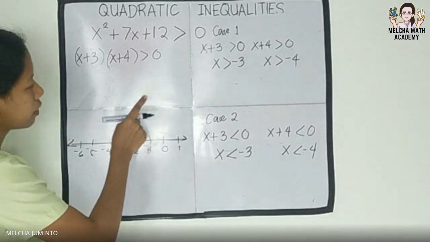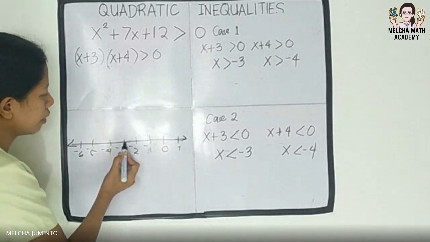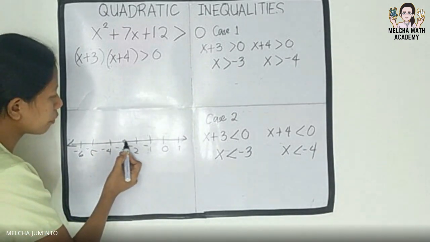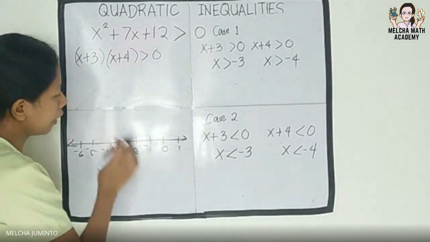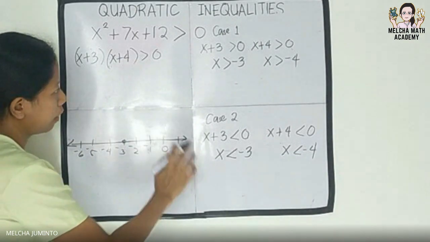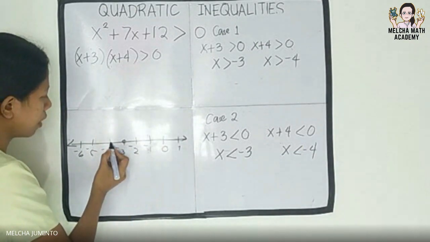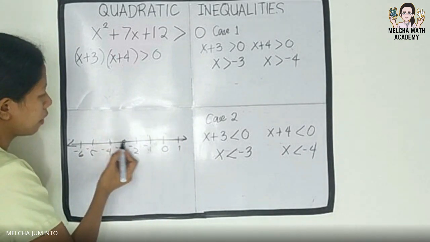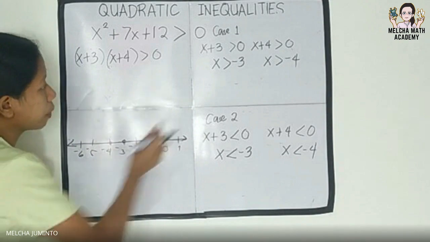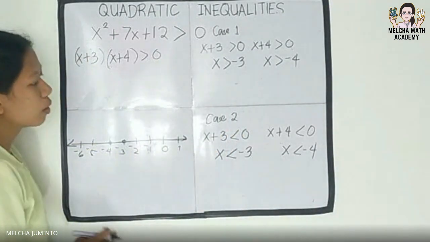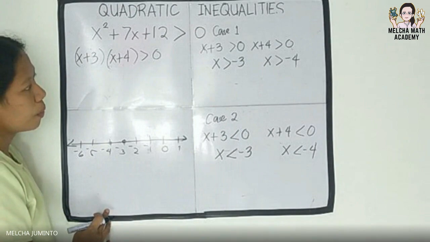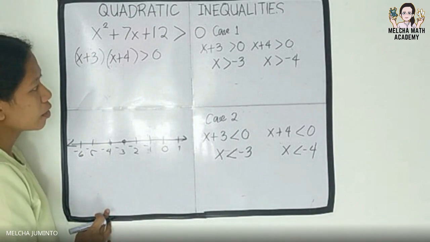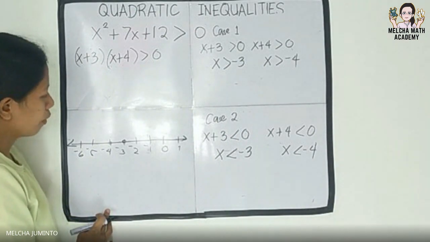This is negative 3. If x is greater than negative 3, to the right. And then x greater than negative 4, it should be here. Negative 3, negative 4. Between the two, we will use x greater than negative 4.